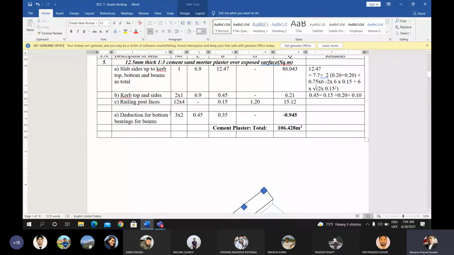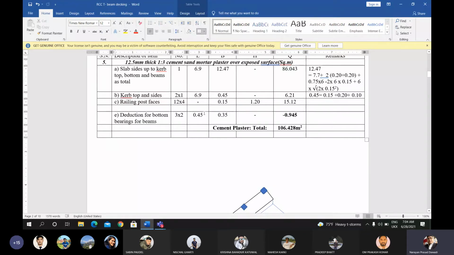The beam has 3 numbers of beams, and for each beam there are 2 bearing portions, one for the left bank and another for the right bank. So you have to consider 2 bearing portions as 6. For 3 beams there are 2 bearing portions, for the left bank as well as the right bank.